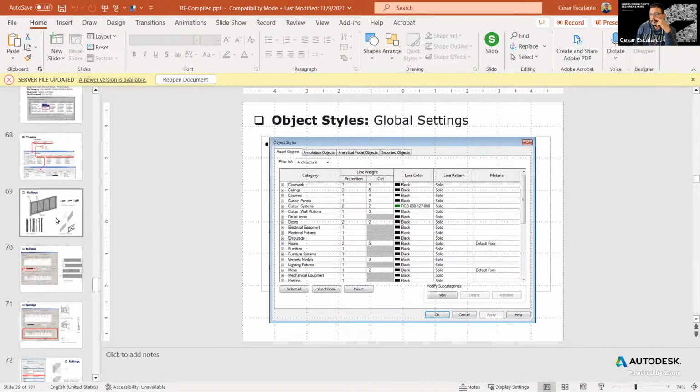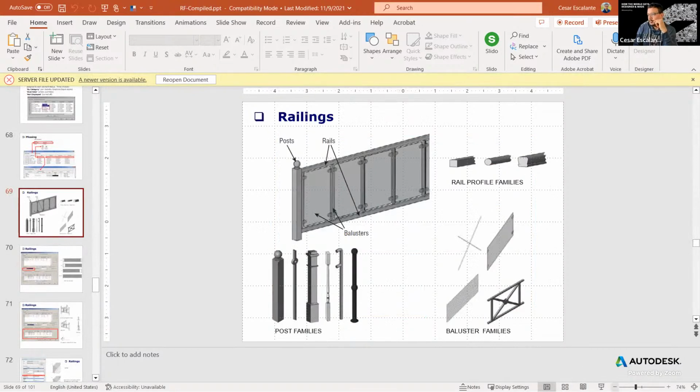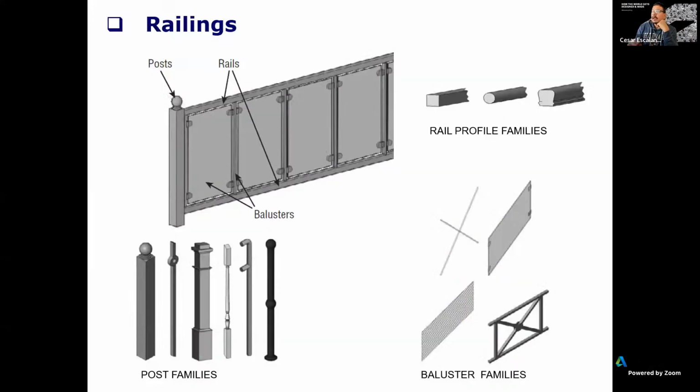It's here, yeah. All right, railings, it's a system family.